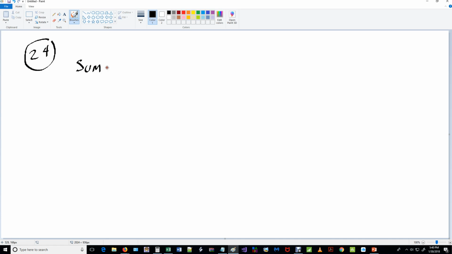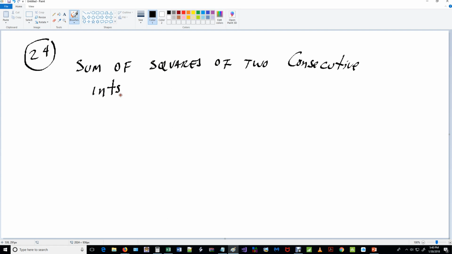The problem is the sum of the squares of two consecutive integers is 221. Find both numbers. Find the numbers.